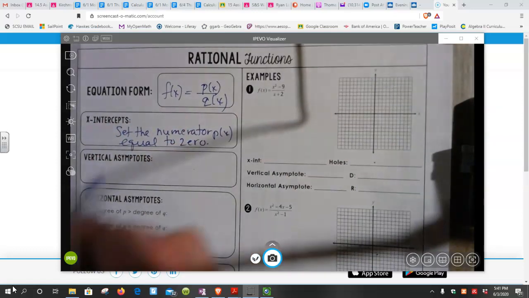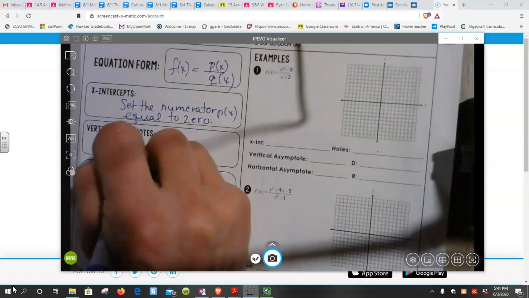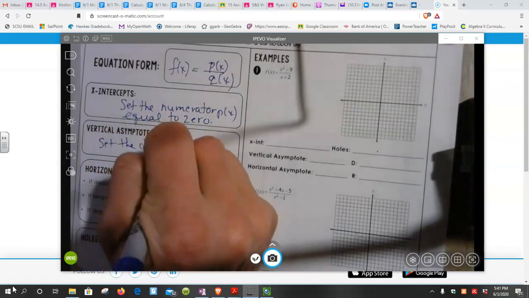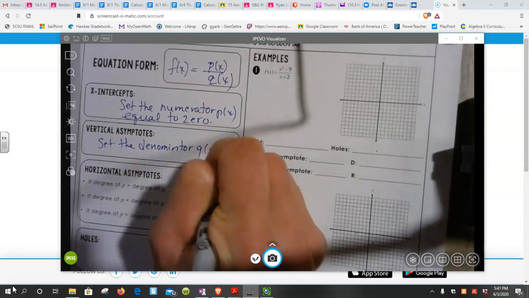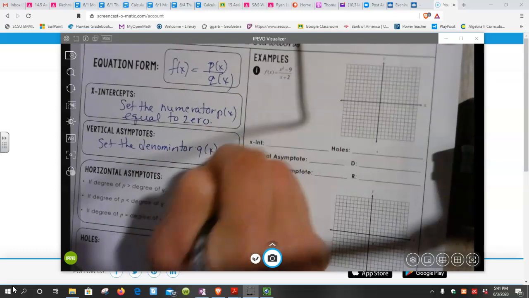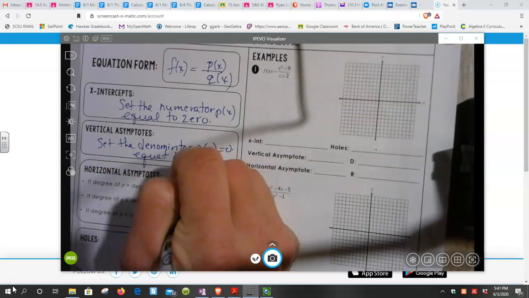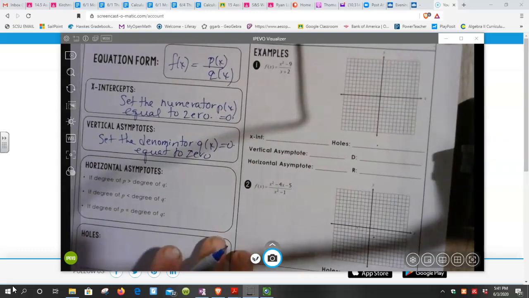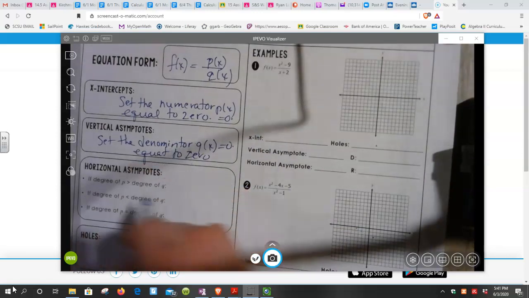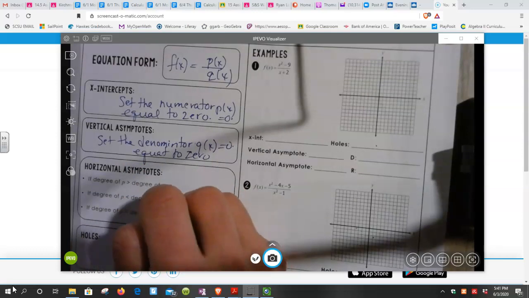And the vertical asymptotes are when we set the denominator q of x equal to 0. All right, so what have we learned here? Horizontal asymptotes: if the degree of p is greater than the degree of q, then we have no horizontal asymptote.